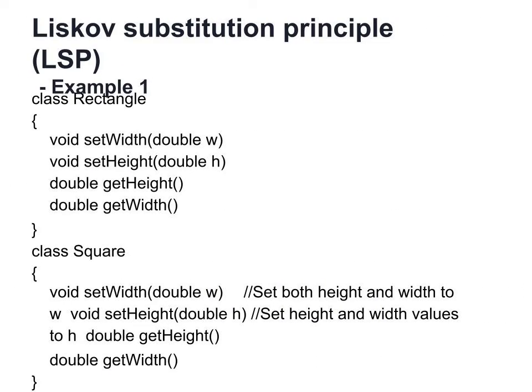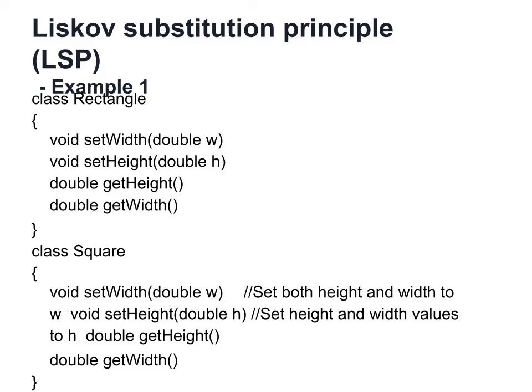Let's consider an example. Let's say there is a rectangle class and we have set width and set height methods implemented, and we have get height and get width methods as well, and now there is a new requirement to implement a square class.